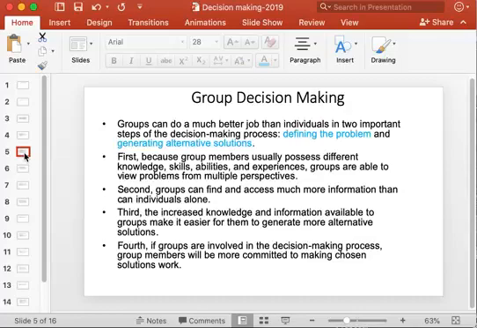Fourth reason is that if groups are involved in decision making, group members will be more committed to making chosen solutions work.